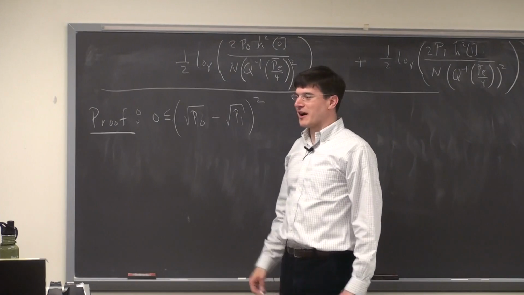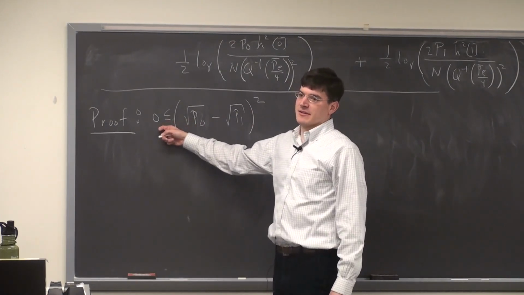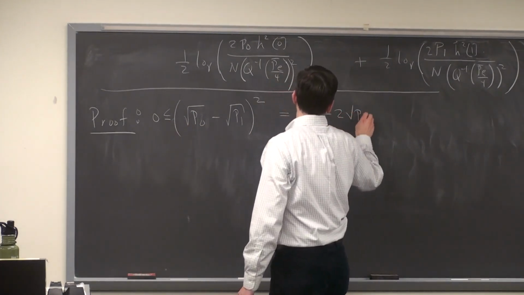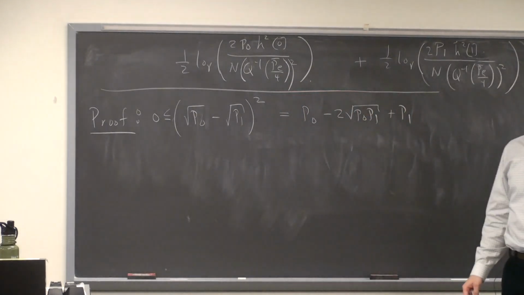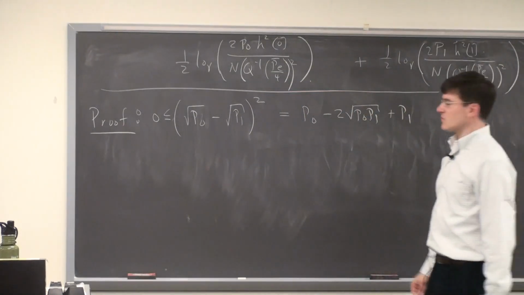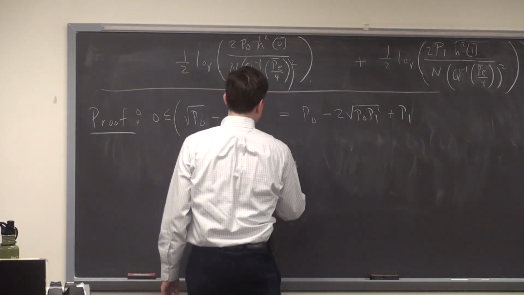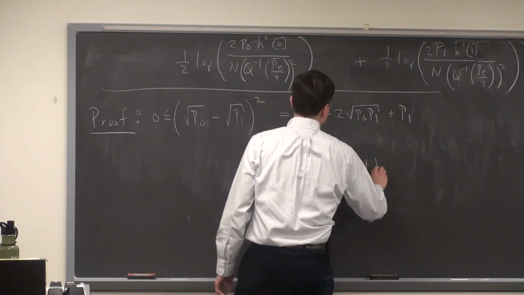It's not so intuitive why you'd prove it this way, but just consider this quantity. That's certainly not negative, right? Expand the square. That's P0 minus 2 square root P0 P1 plus P1. So move the square root to the other side, and you get 2 square root P0 P1 upper bounded by P0 plus P1.